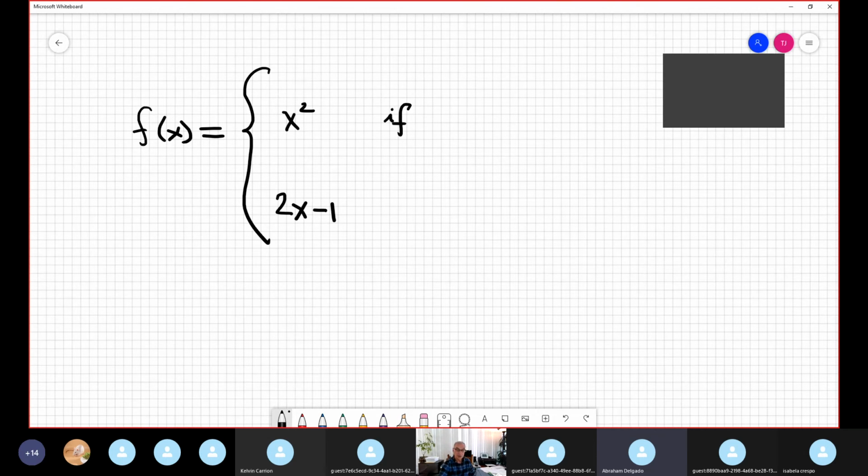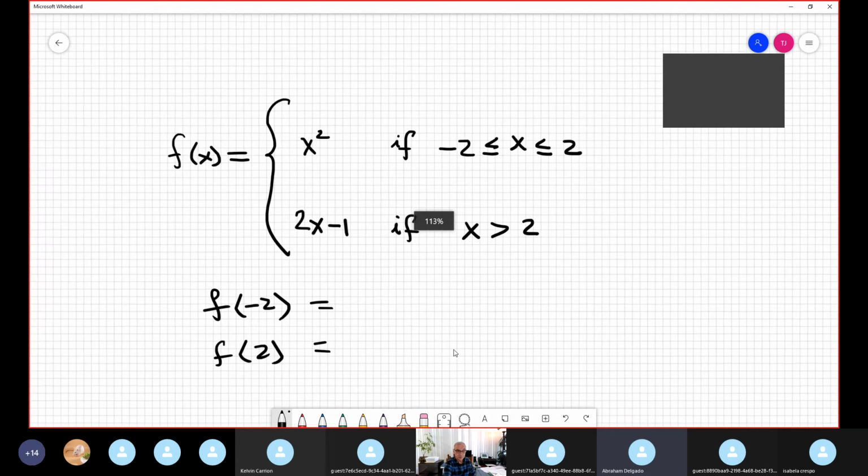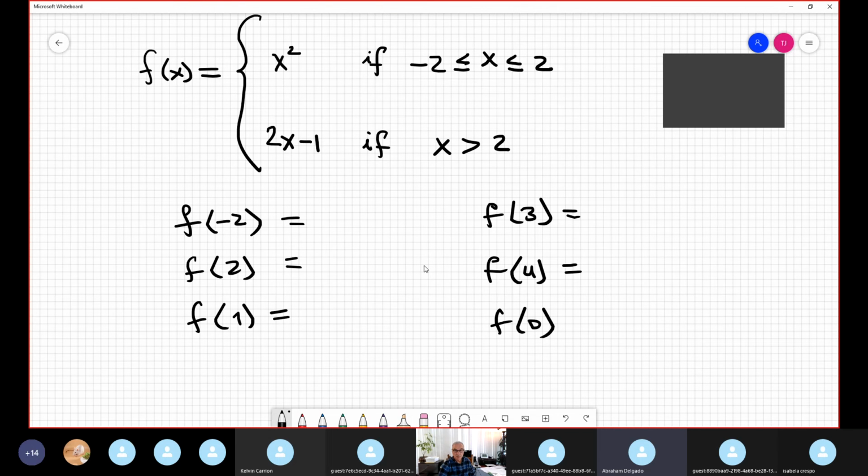If x is in between -2 and 2. And this is if x is greater than 2. And suppose que you need to evaluate en -2, you evaluate en 2, you evaluate en 1, you evaluate en 3, you evaluate en 4, and you evaluate en 0.